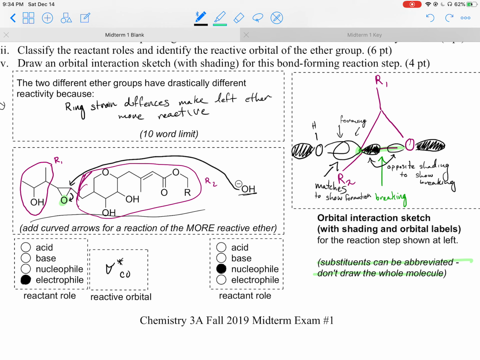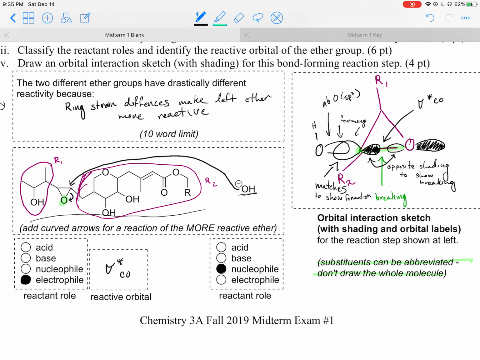And it says orbital interaction sketch with shading and orbital labels. So this is going to be sigma star CO, like we said, and this is going to be non-bonding O sp3, because we're taking the electrons that are in the, sorry, it's not in a p orbital, it's in an sp3 orbital.